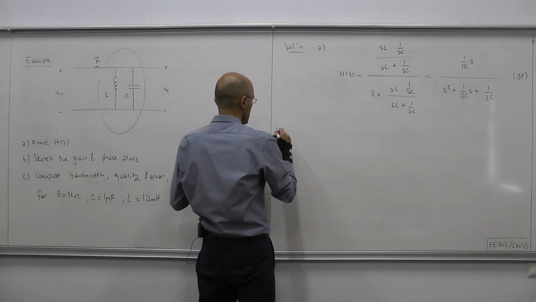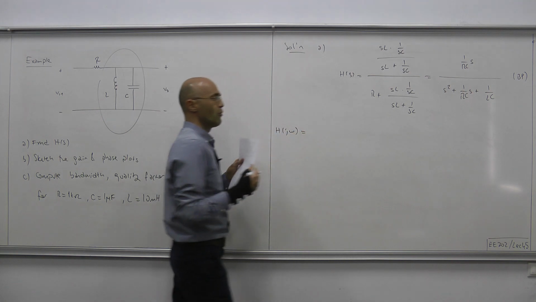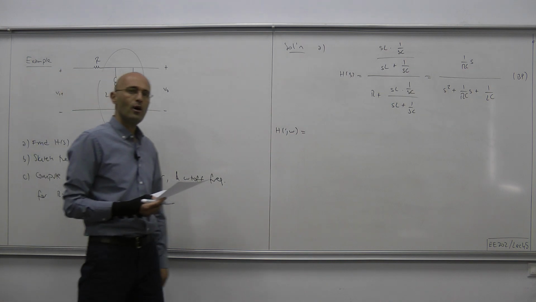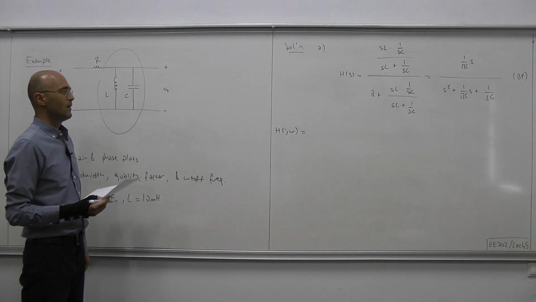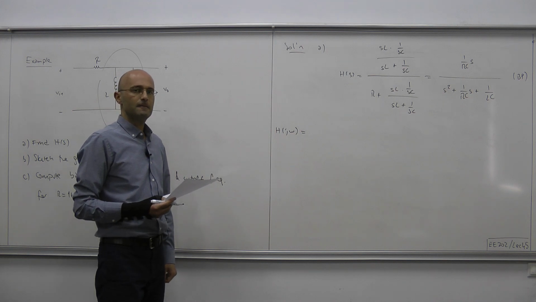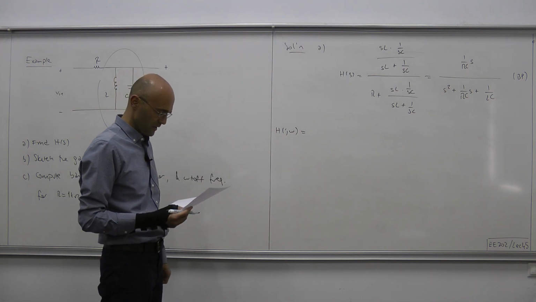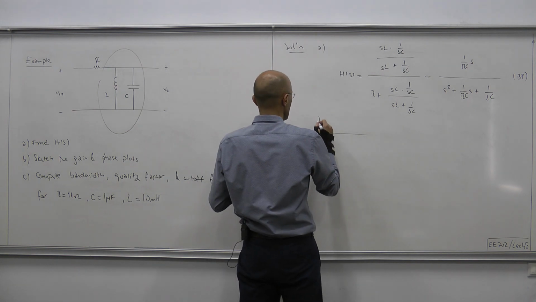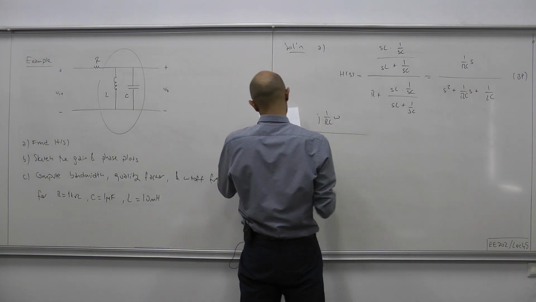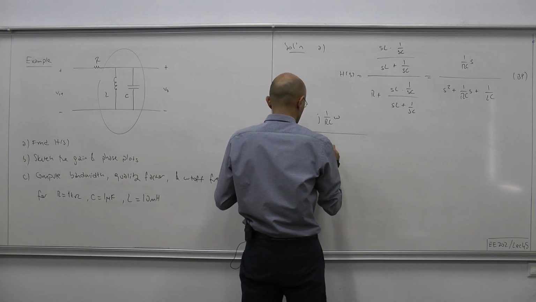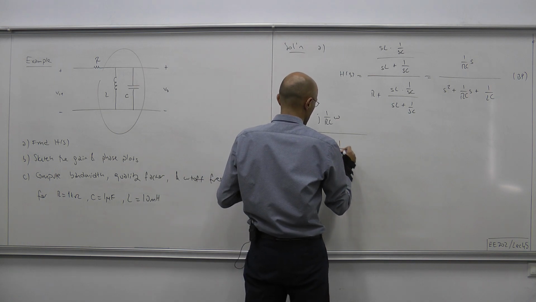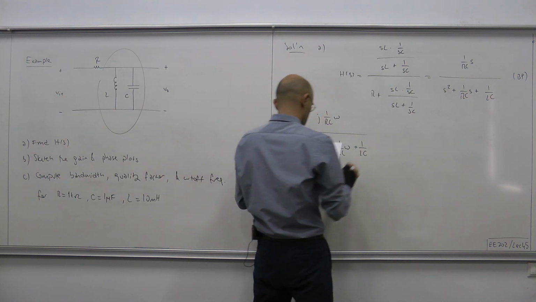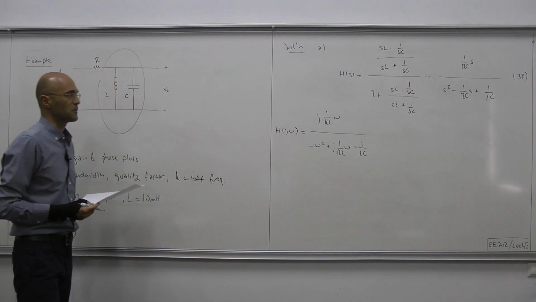Now what's H(j omega)? Let's write down H(omega), and by looking at it we can qualitatively or roughly comment on the gain and phase characteristics. H(omega) reads j(1 over RC) omega over minus omega squared plus j(1 over RC) omega plus 1 over LC.